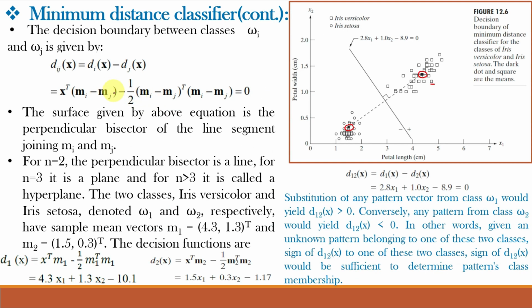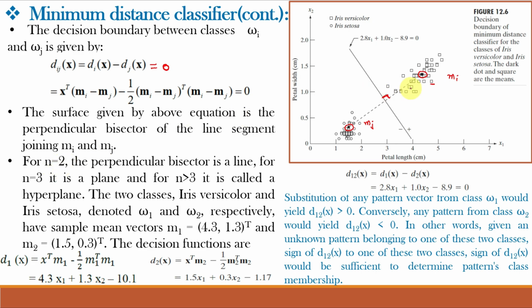In simplifying, we obtain this equation, and we know that the decision boundary equation should be equal to 0. So the surface given by the above equation is the perpendicular bisector of the line segment joining mi and mj. So this is mi, this is mj, and this is the perpendicular bisector.